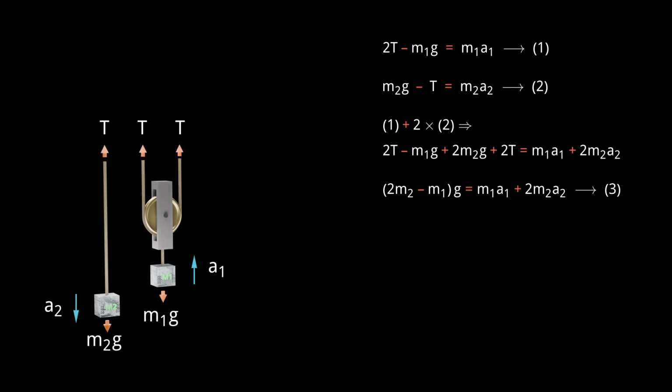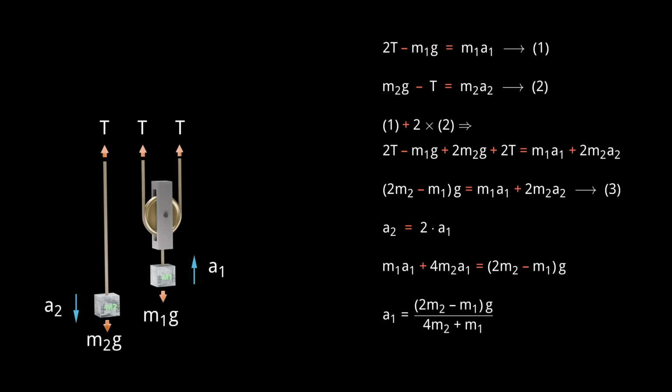This relationship ties the displacements and consequently the accelerations of the two masses, which means the acceleration of mass M2 is twice that of mass M1. Please check my previous video where I explained how to determine distances in pulley systems using the principle of energy conservation. We can substitute the expression for A2 into equation 3 above to derive the formula for the acceleration of mass M1.